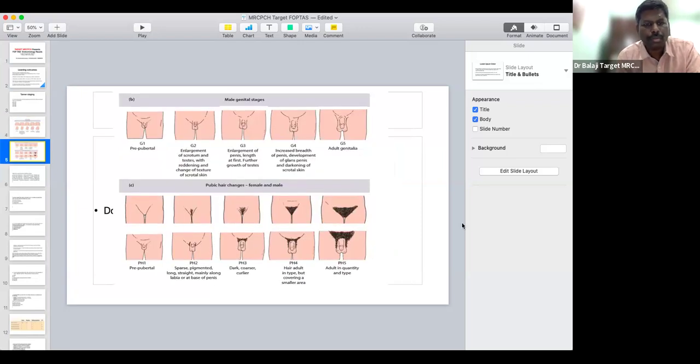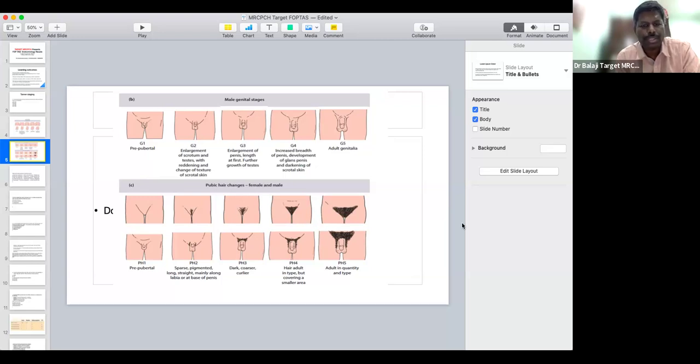Similarly for boys with regards to the genitalia, G1 will be the prepubertal child. And the earliest sign of puberty in a boy child is enlargement of the testis. For the girls, it is thelarche. They have asked questions related to that also.